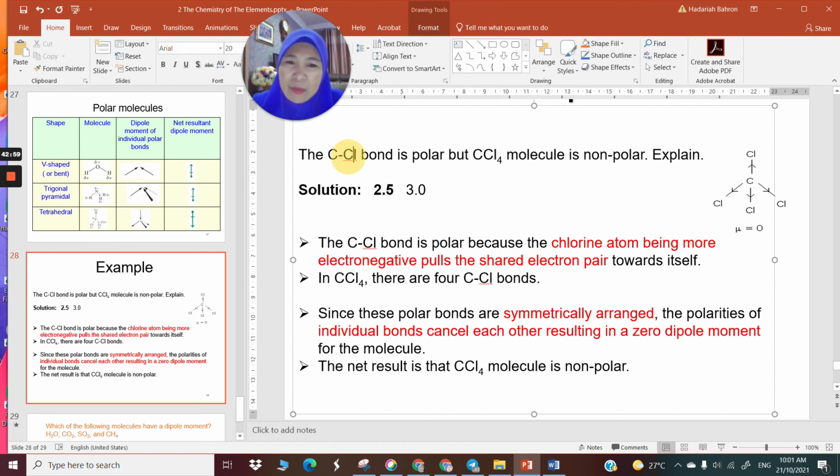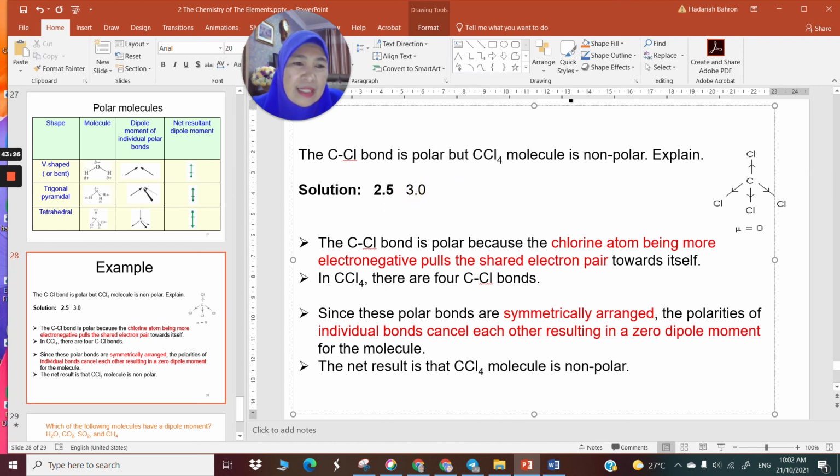The C-Cl bond is polar, but CCl4 molecule is non-polar. Explain. It's very easy, isn't it? Because I've explained it to you. Your carbon has a Pauling electronegativity value of 2.5, and your chlorine has a Pauling value of 3.